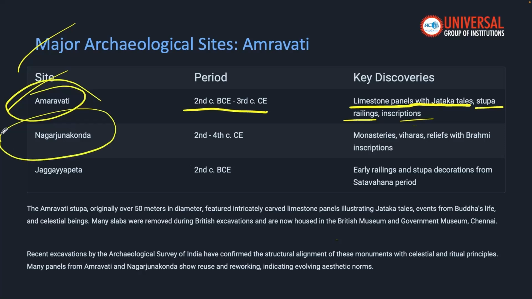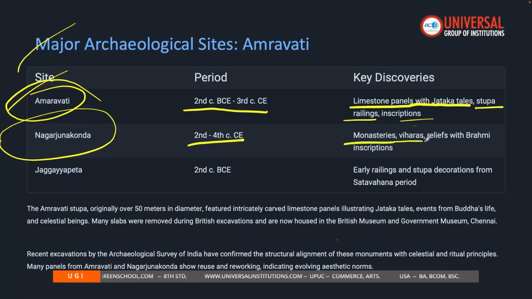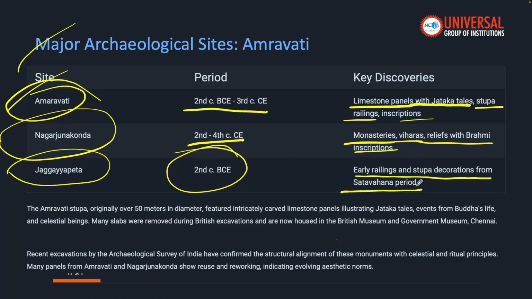Second is Nagarjuna Konda, found around the 2nd to 4th century CE, which has monasteries, viharas, and reliefs with Brahmi inscriptions. And the third is Jaggayyapeta, from the 2nd century BCE, with early railings and stupa decorations from the Satavahana period.